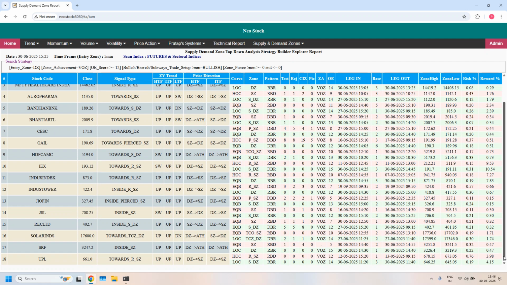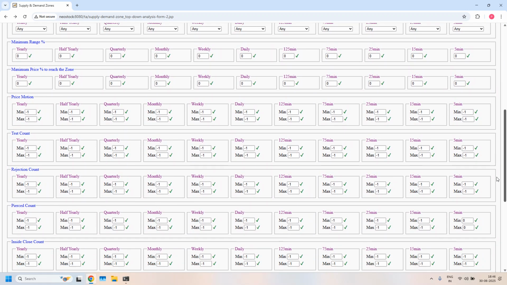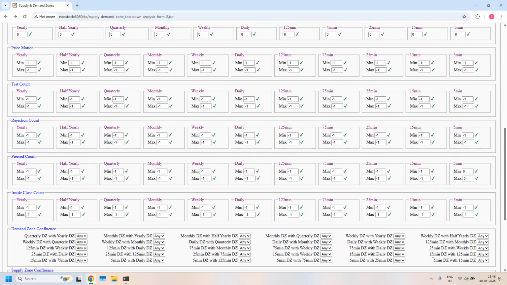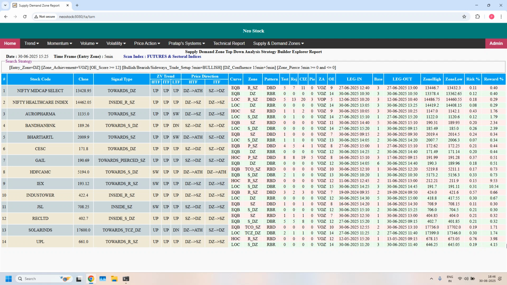Okay, out of these 18, we can further filter based on zone confluence. First filter is 5 minutes and 15 minutes demand zone confluence. I am enabling the filter. We got 14 stocks. In all these 14 stocks, a 15 minutes trend is uptrend.